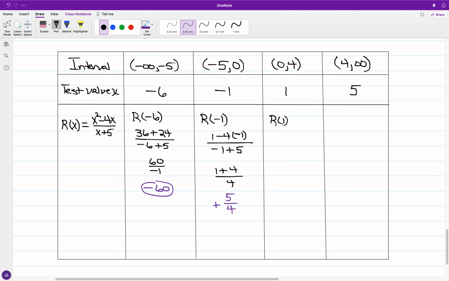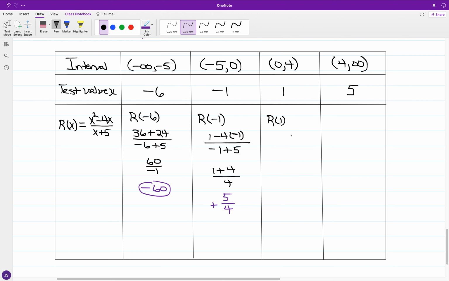Now for r of 1, okay, you got 1 squared is 1, minus 4 times 1 is negative 4, so you have 1 minus 4 over 1 plus 5, and so we have 1 minus 4 is negative 3, 1 plus 5 is 6, and negative 3/6 reduces to minus 1/2.